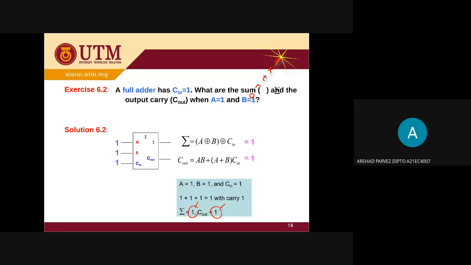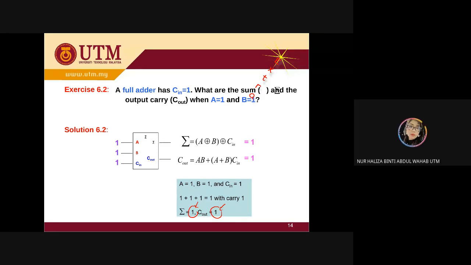Doctor, why 1 plus 1 plus 1? Why is it 1 plus 1 plus 1? Like, can't we just figure it out, since A is 1, B is 1, since it's an XOR gate, instead of 1 plus 1 plus 1?